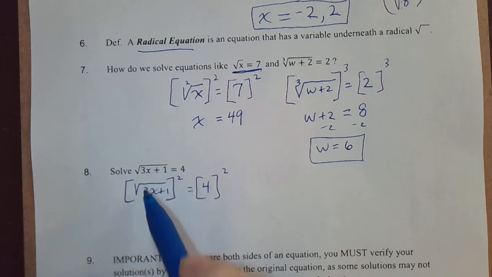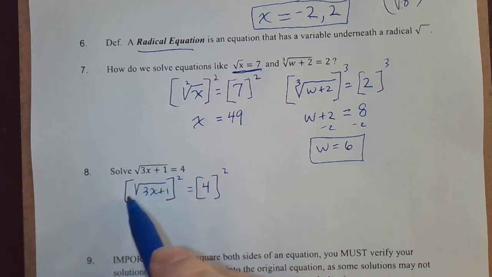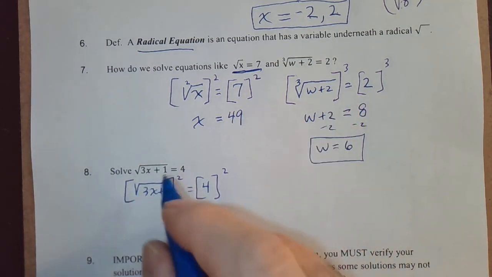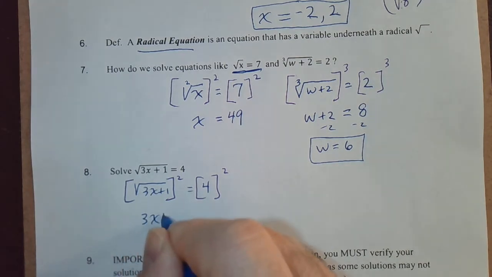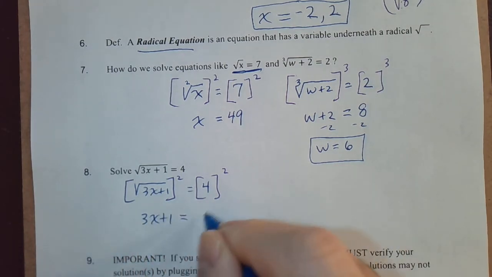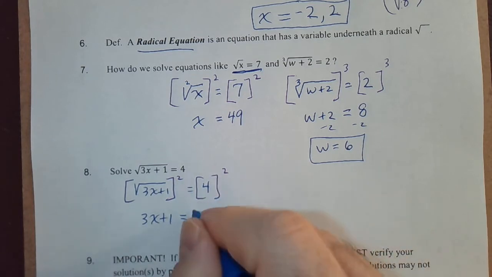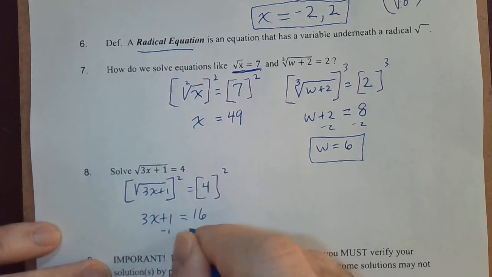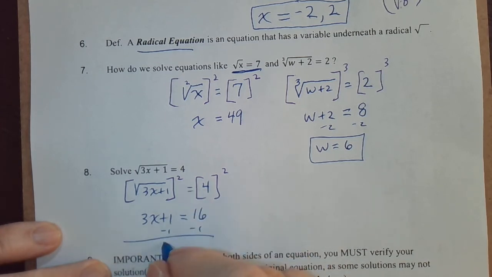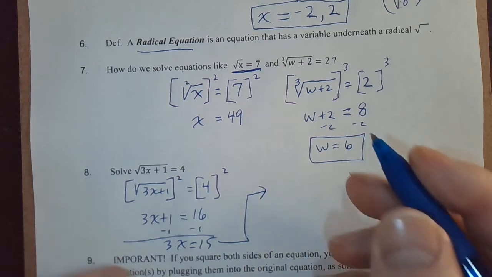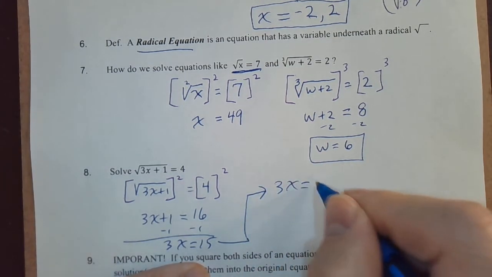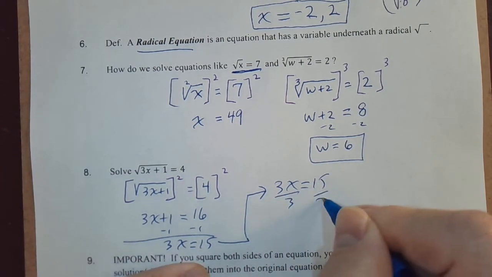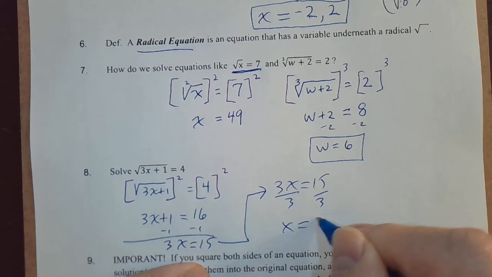Again, when you square it, the radical just goes away. So you end up with just 3x plus 1 on the left, and 4 squared is 4 times 4, or 16, on the right. Let's subtract 1 from both sides. 3x equals 15. So from 3x equals 15, we divide both sides by 3 and get x equals 5.